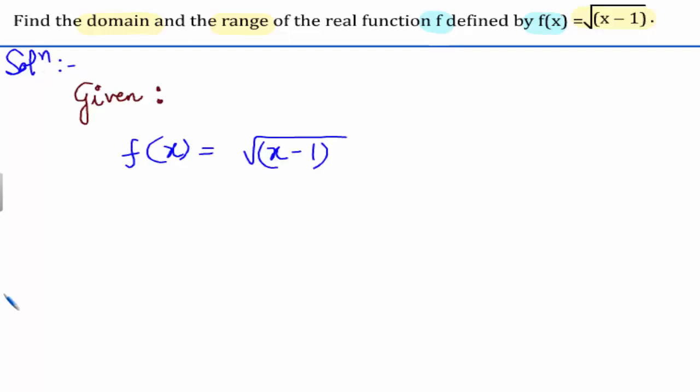So here we have the given function defined by f of x is equal to root over of x minus 1. So we need to find the domain of f first. Now, it is given that f of x is equal to root over of x minus 1.